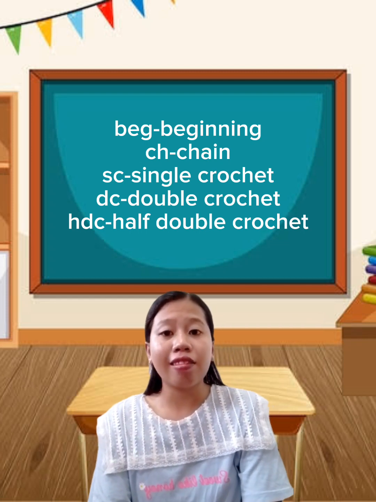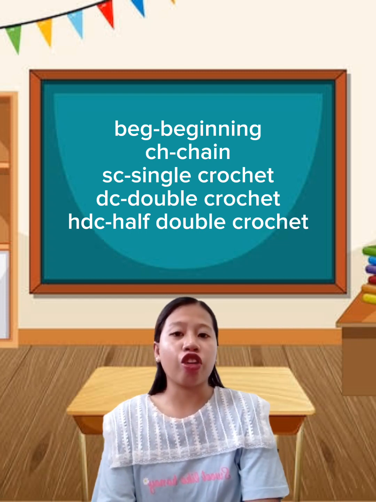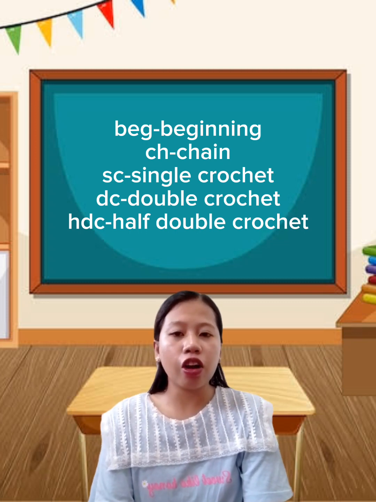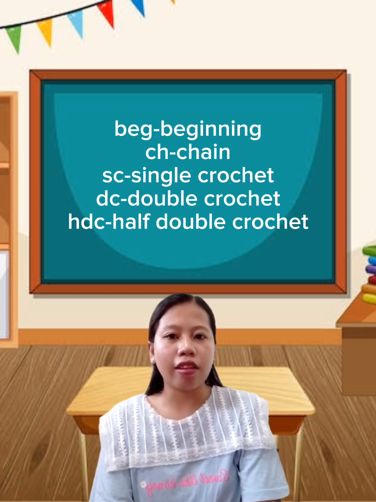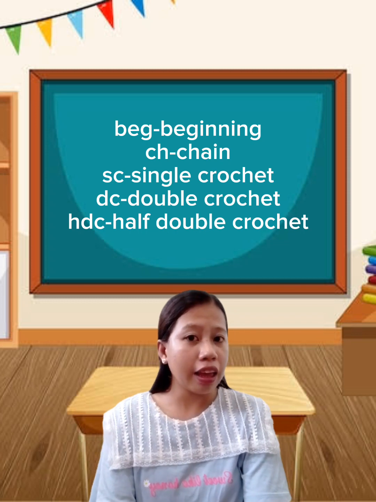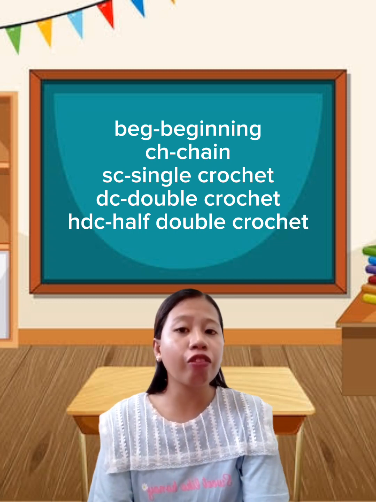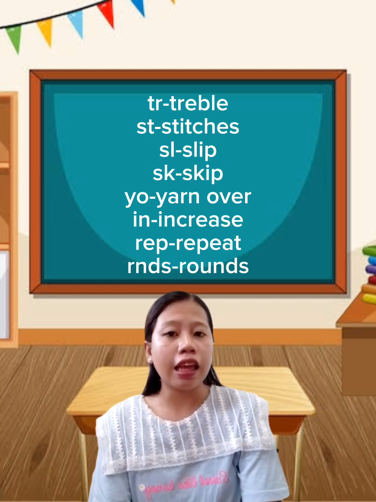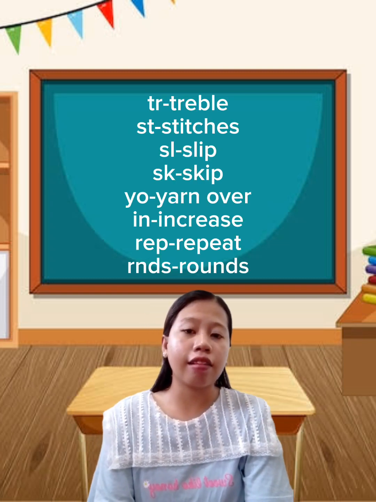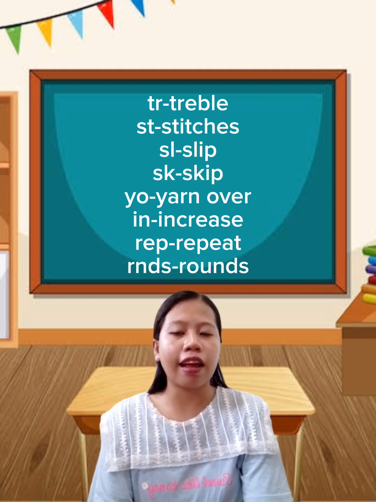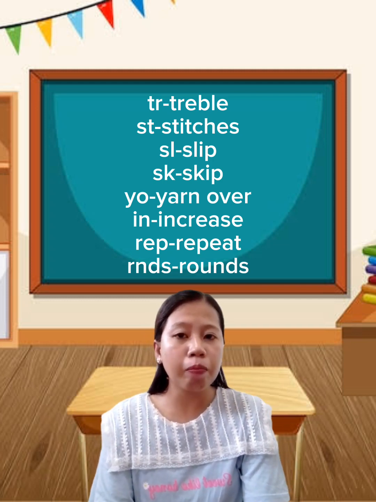Next is CH, which stands for chain. SC stands for single crochet. DC stands for double crochet. HDC stands for half double crochet. TR stands for treble. ST stands for stitches. SL stands for slip.